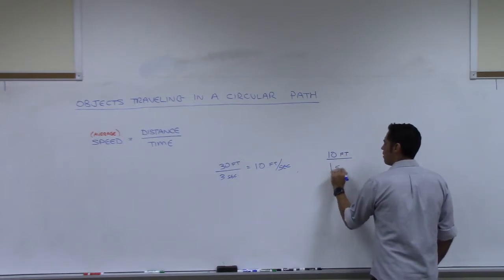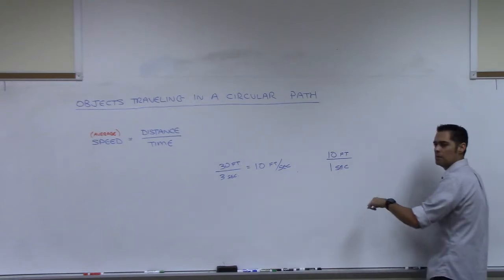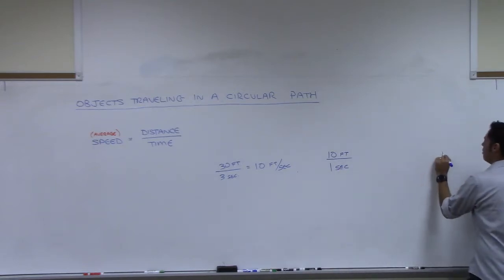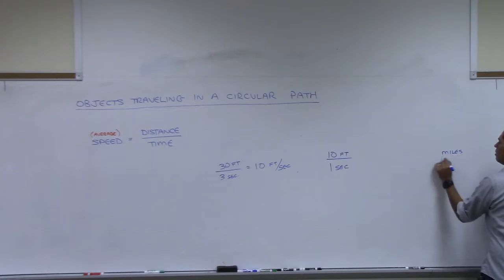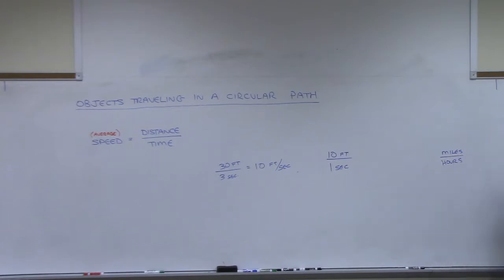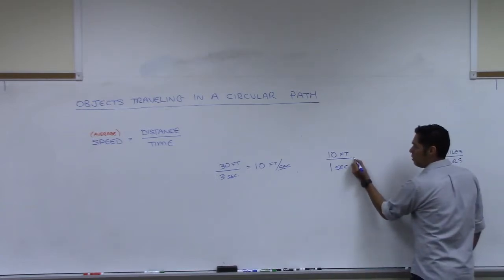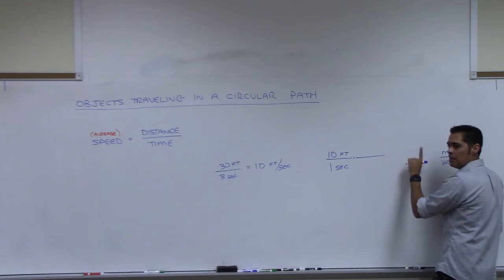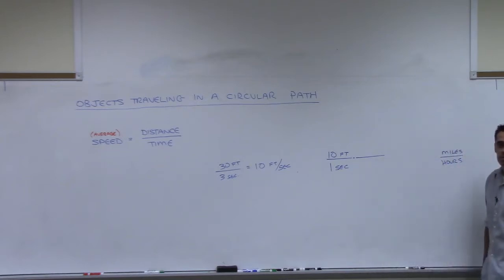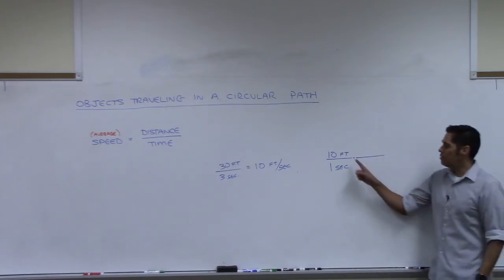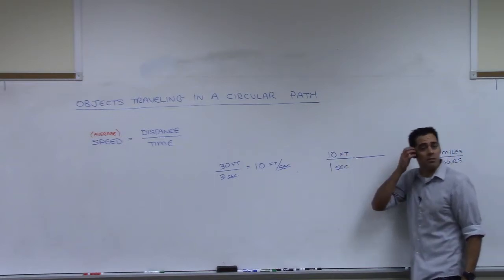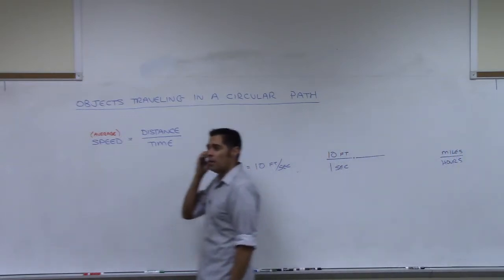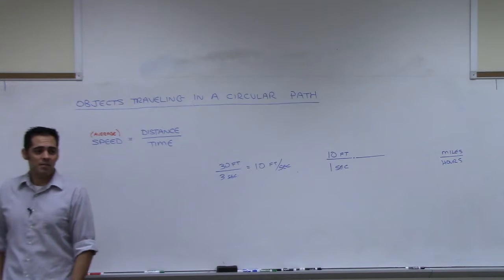10 feet for every 1 second is what that means. I would love to get us to, at the end of the day, miles over hours because that's something we deal with on a daily basis. So what I have to do is multiply by a bunch of ones. These are my conversion factors. So let's first talk about how we get feet over to miles. Do you know how many feet there are in a mile? 5,280.